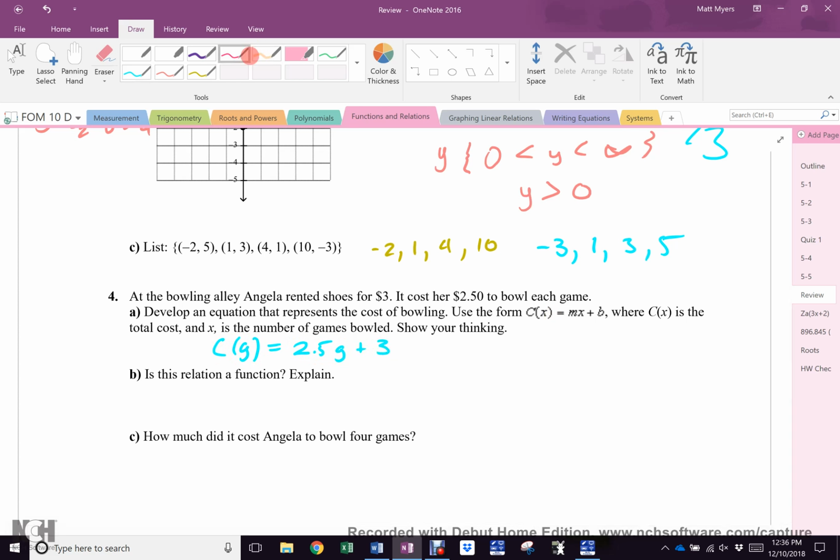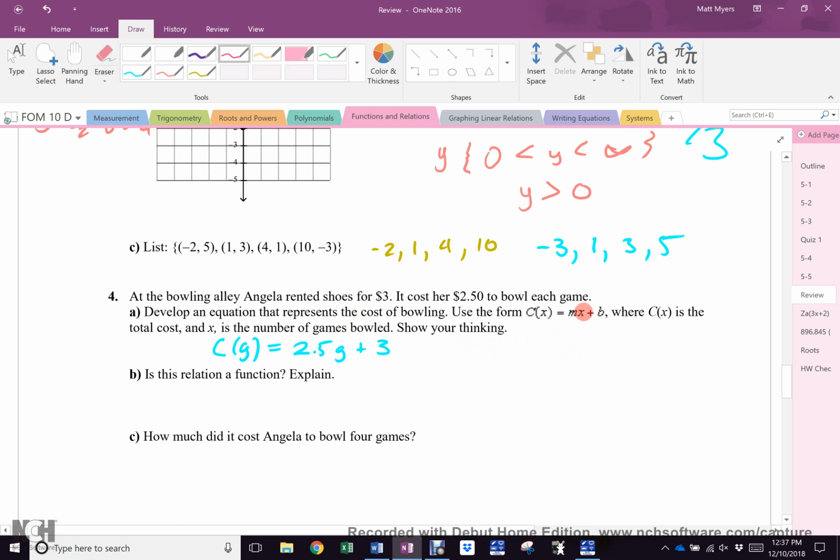Now, some of you might have written 3 plus 2.5, then a variable, x, y, q, whatever you want. Order doesn't matter.